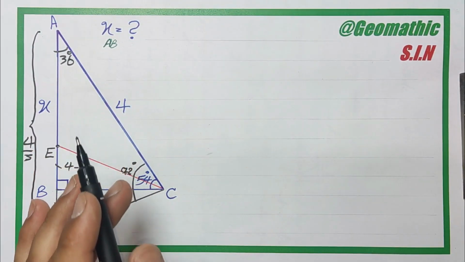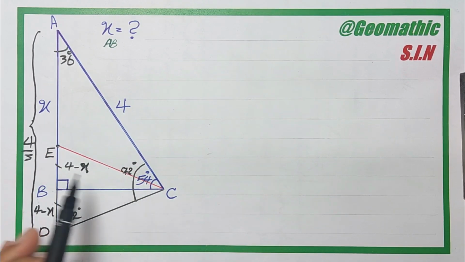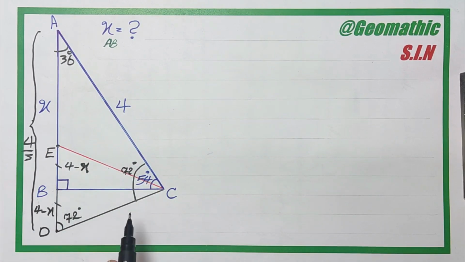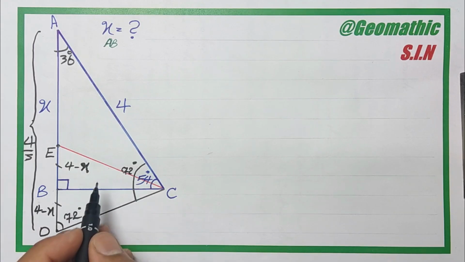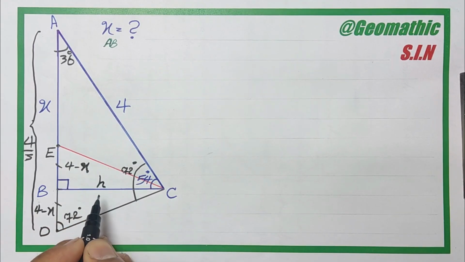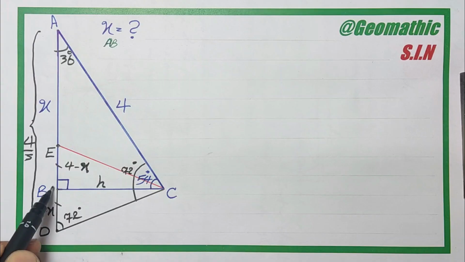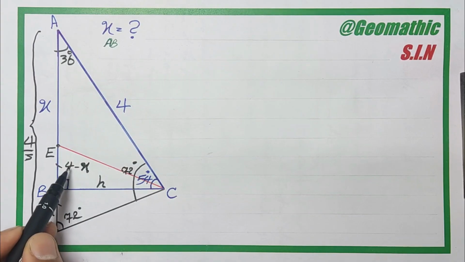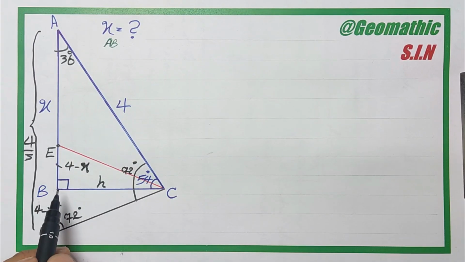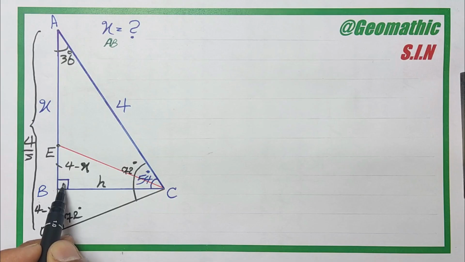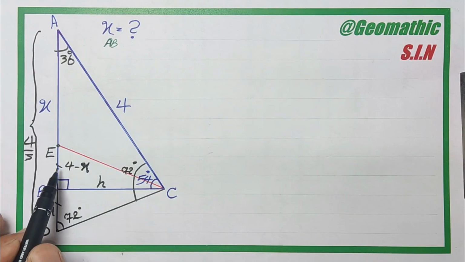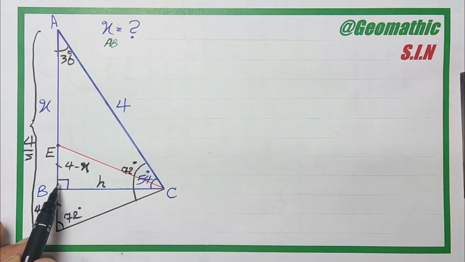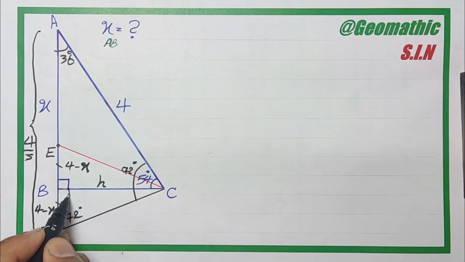Okay, we notice something important. Look at triangles ECB and DCB. One shared side, we call it H. Equal sides EB and BD, both of them are 4 minus x, and one right angle for both of them. Yes, the triangles are congruent by two sides and the included angle.